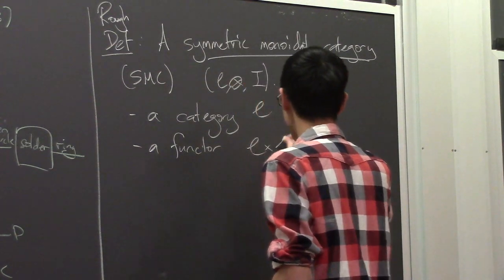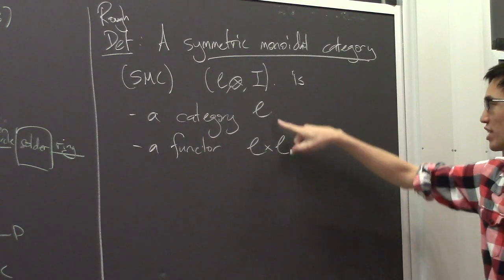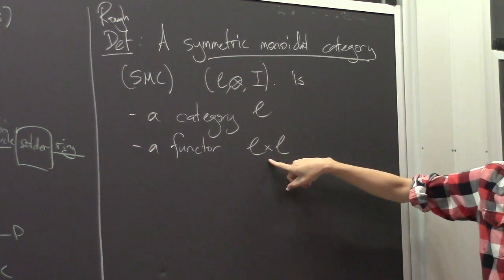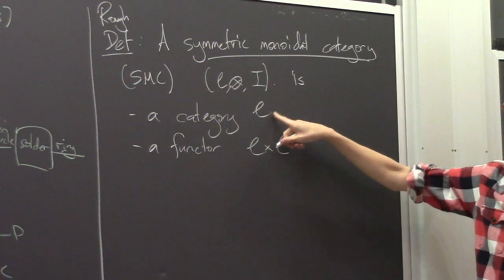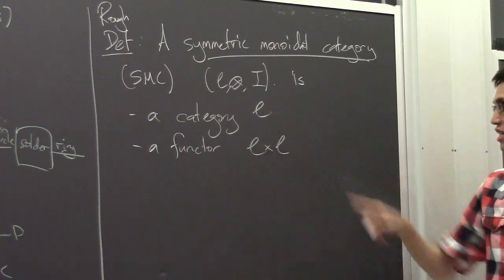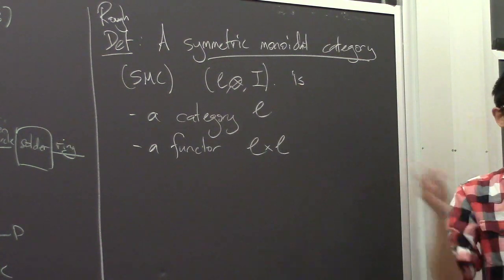Given any category, we can form this product category where the objects are pairs of objects in C, and the morphisms in the product category are pairs of morphisms in the underlying category C that go between the paired domain and paired codomain.